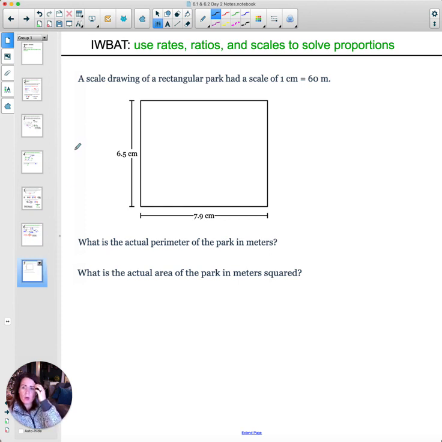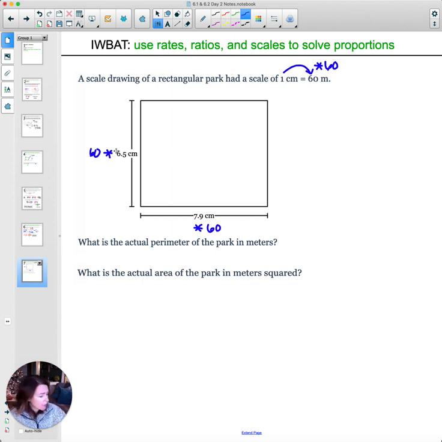So let's do one more. A scale drawing of a rectangular park is 1 centimeter is 60 meters. So this one's already in the unit measure. Okay, so with the model measurement, you just multiply by 60 to get the actual measurement. So we can just take these measurements here and multiply them by 60 to get the actual measurements.